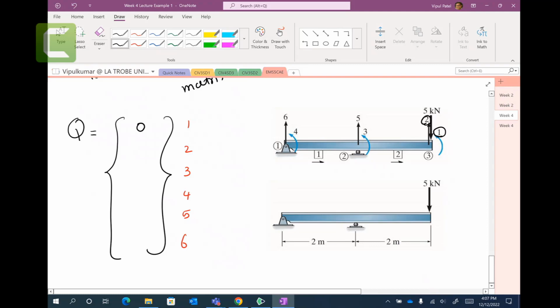Number 2, it's going up, but 5 kilonewtons is coming down. So we put -5 at 2. At 3, there is no force, so 0. At 4, there is no force, so that is 0. At 5, there is no force, so that is 0. At 6, there is no force, so that is 0. So I hope you understand how to develop the Q matrix.